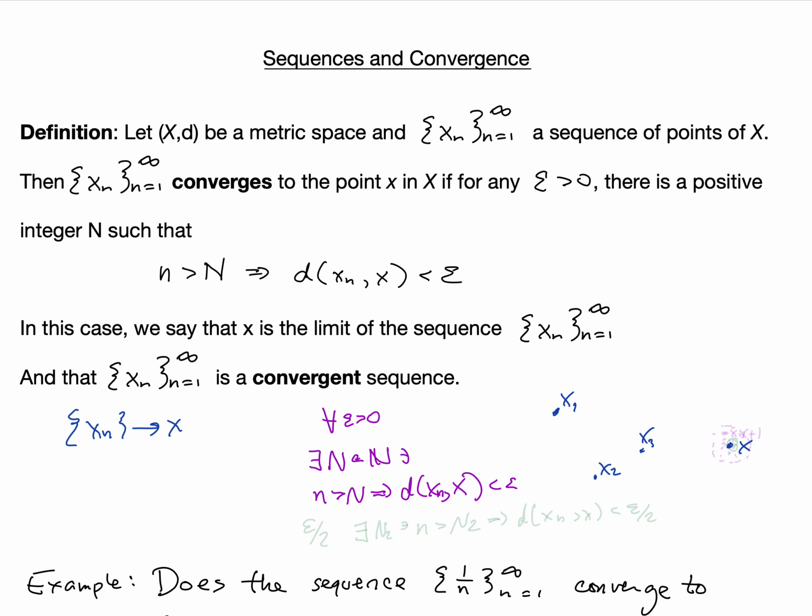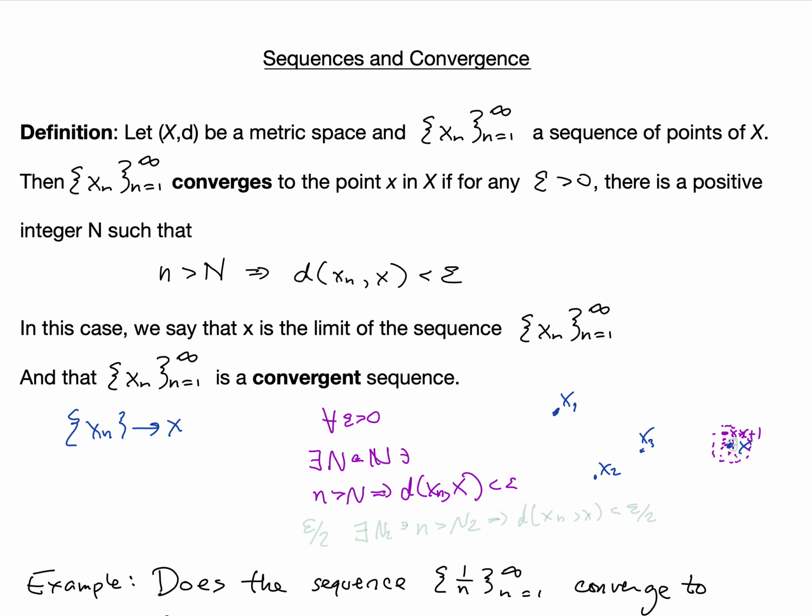So we can choose any epsilon greater than 0, and there must be every x_n such that n is greater than that N. So x_(N+1), x_(N+2), x_(N+3), all of those things must be in that ball. They might be getting closer or not, but they must be inside that ball of radius epsilon.